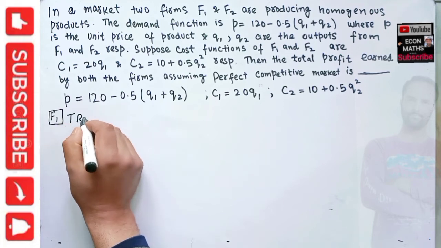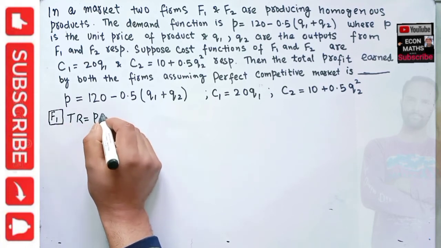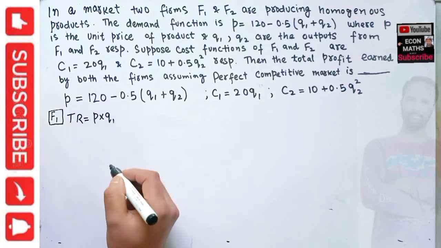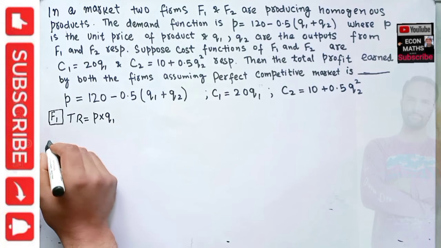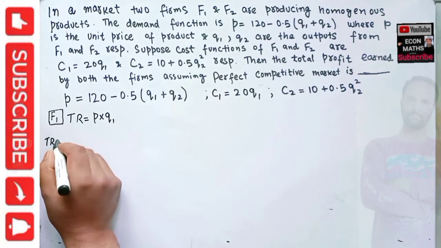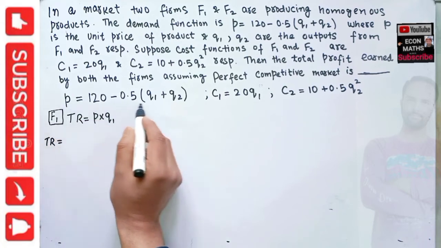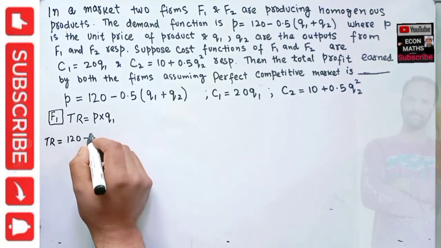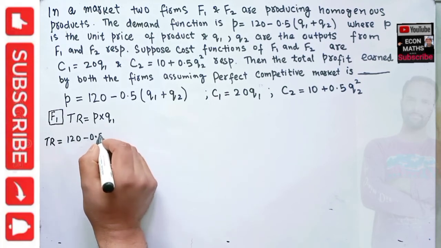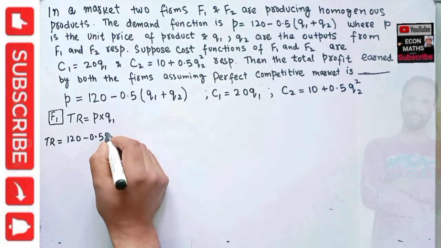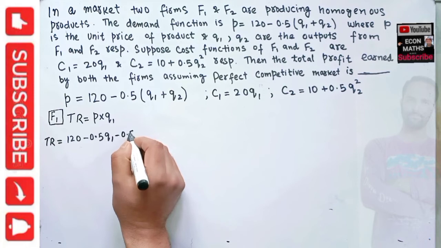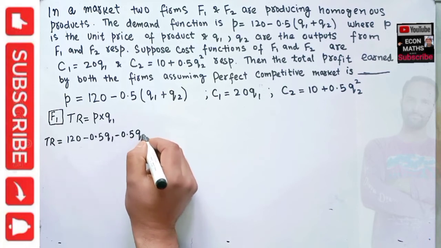Total revenue is simply price times output produced by firm 1. So our total revenue will be equal to P, which is given by this function: 120 minus 0.5 Q1 minus 0.5 Q2.